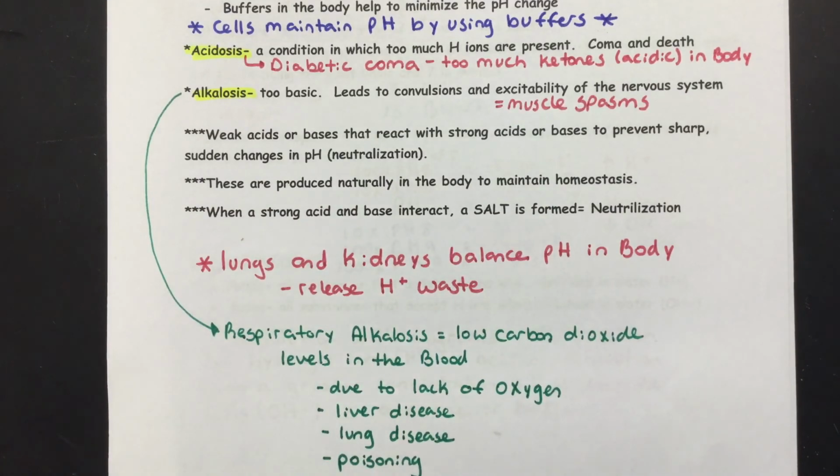It just means I'm bringing it closer to neutral so that the body is able to handle it. So these buffers, these weak acids and bases, are produced naturally in the body to maintain this homeostasis, this balance, this pH that it should be within the body. What we see here usually is that when a strong acid and base interact, a salt is going to be formed, and this is what we do with neutralization.